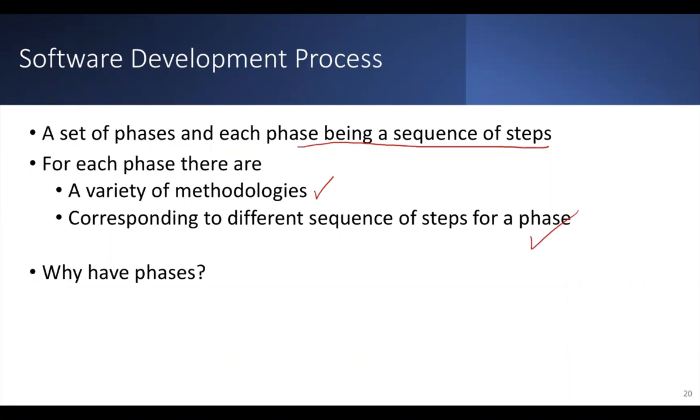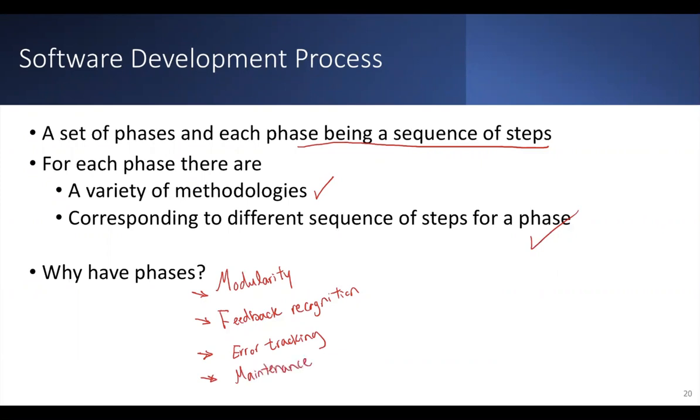Why do we have phases? Because it's really good for modularity. It's really good for feedback recognition. Dividing the development process into phases is also very good for error tracking. It's really useful for maintenance.